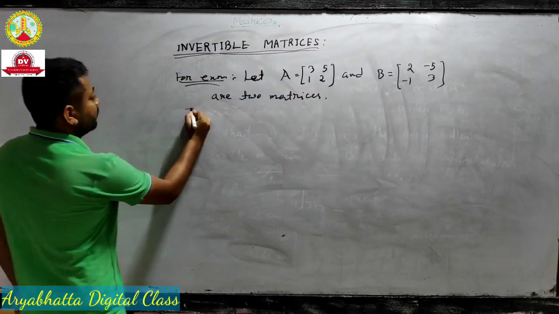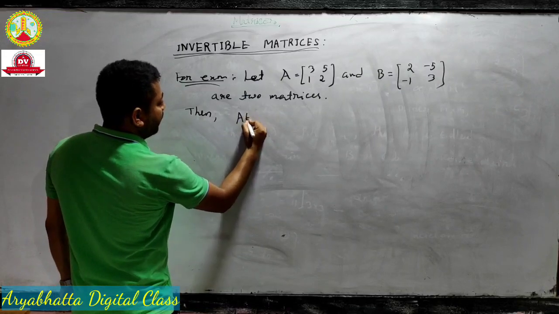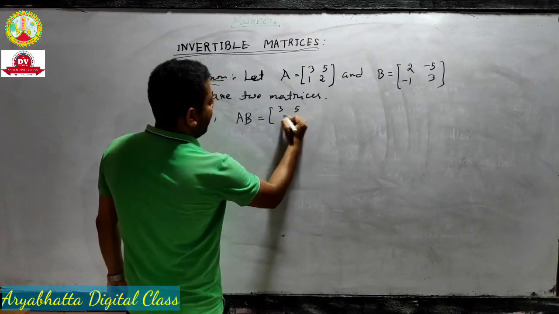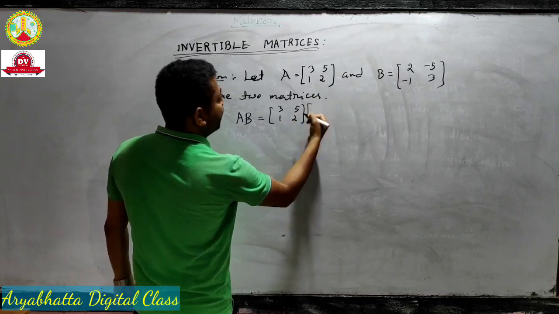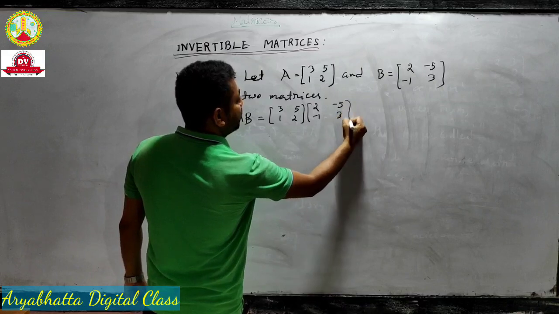Then AB equals A into B, equal to [3 5; 1 2] into [2 -5; -1 3].